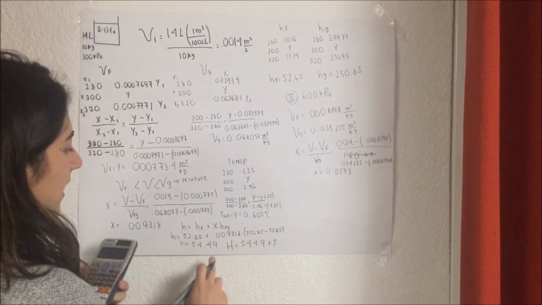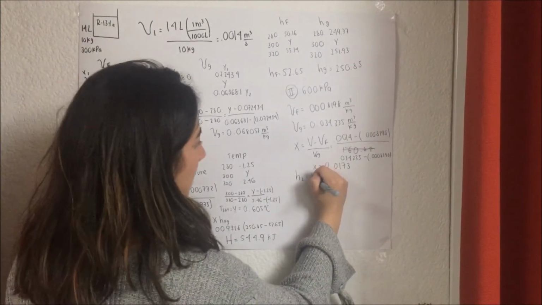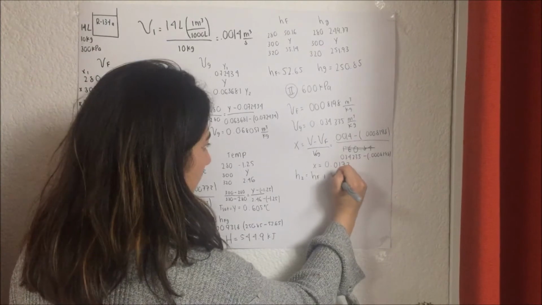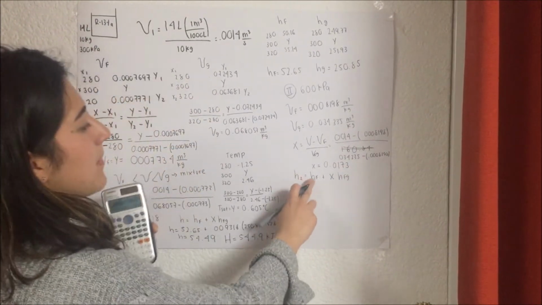The formula is h2 equals hf plus x times hfg. These values of enthalpy we have in the tables.